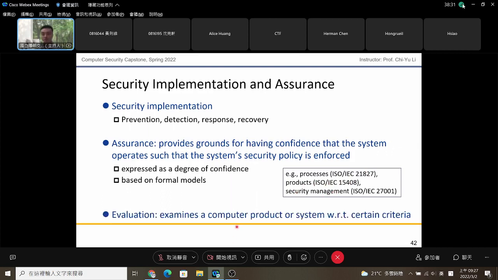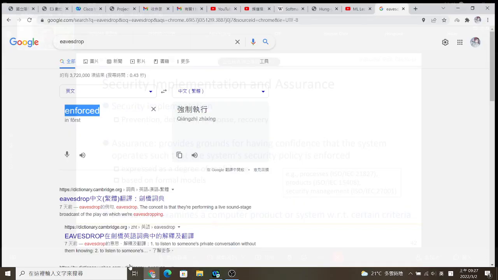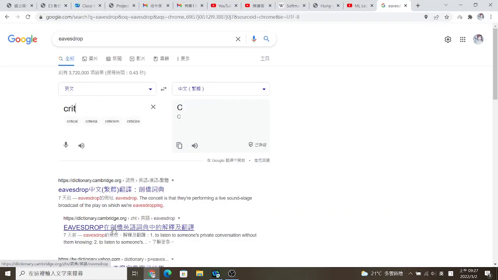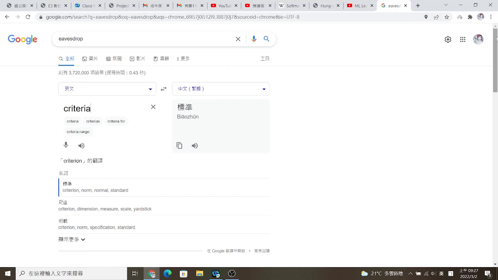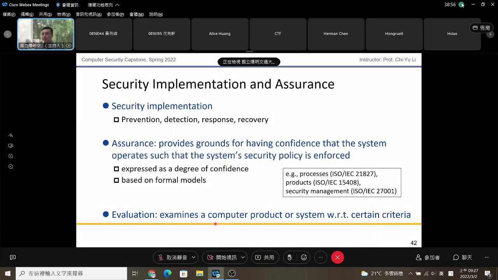The last one is evaluation. It means examining a computer product or system with respect to certain criteria. For example, these criteria can be related to whether it can be used to defend against potential attacks, for example denial of service, eavesdropping, or man-in-the-middle attacks.